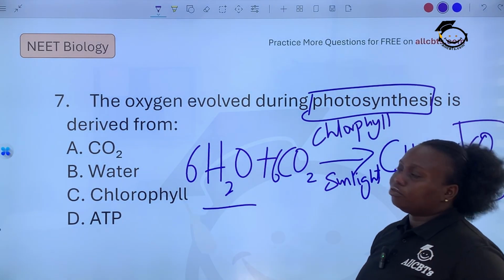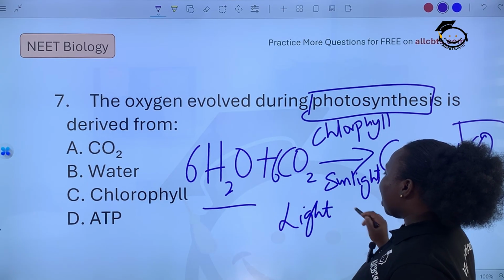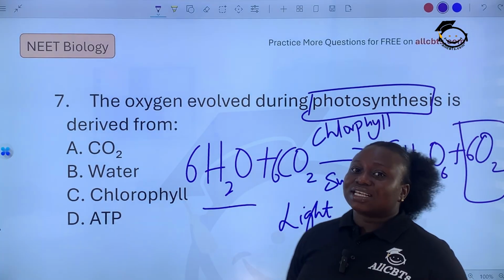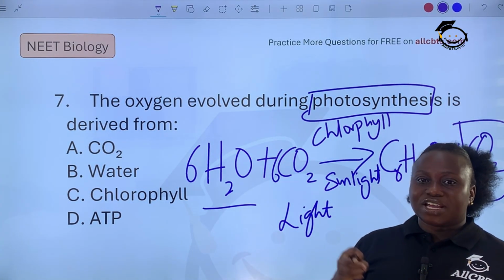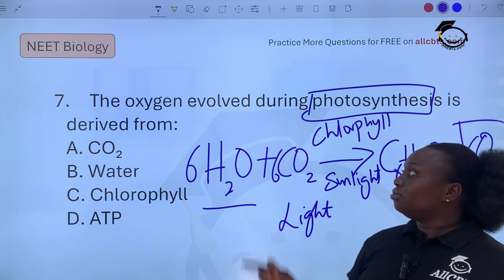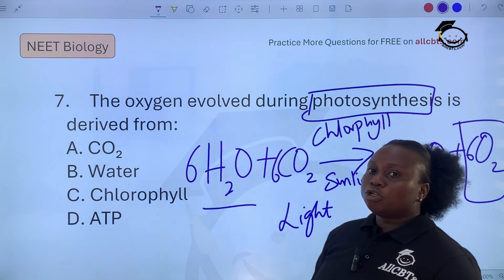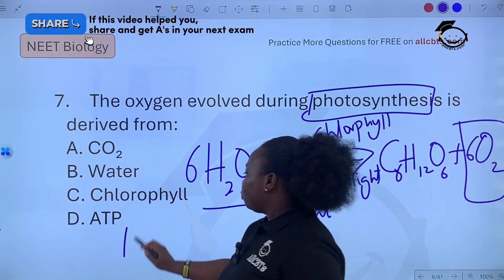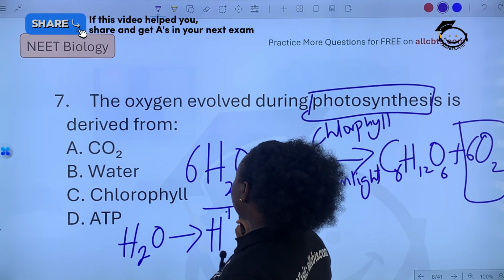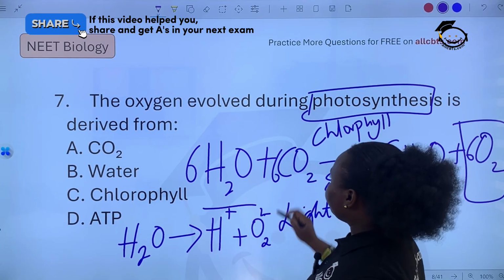And how does this happen? Now, during the light stage of photosynthesis, something happens. The reason why this process needs sunlight is because this sunlight is a form of energy. Now, the electrons that are in this water, when it gets this energy from the sunlight, this water will split into two and will give us H plus and O2 minus.